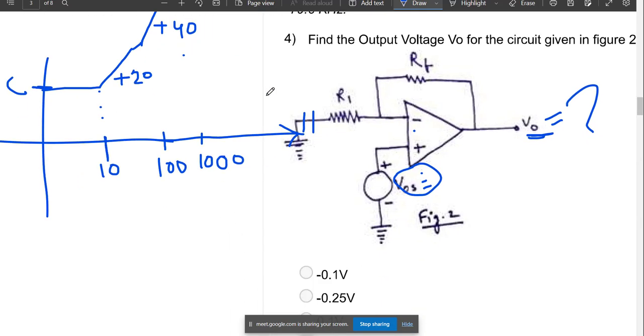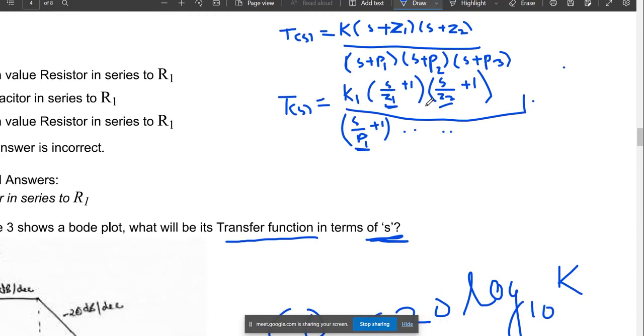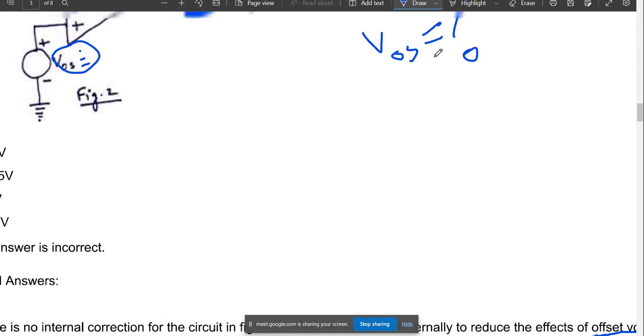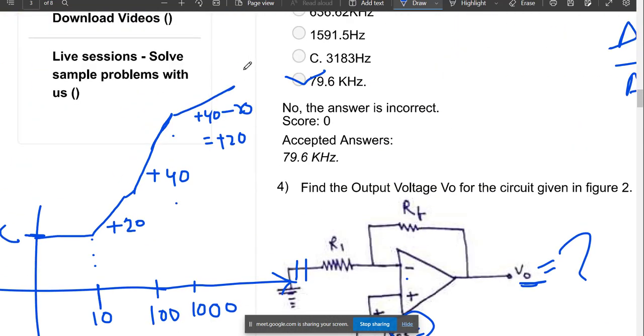Now let's say P2 is 10,000. So another pole is added here, so it will become like this: plus 20 minus 20, the slope will become 0.